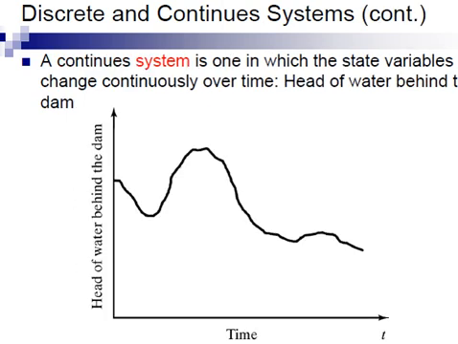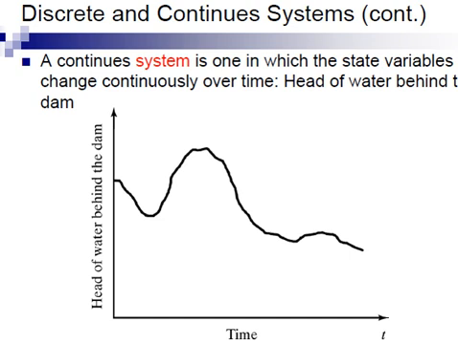The second one is a continuous system. A continuous system is one in which state variables change continuously over time, such as head of water. Head of water means height, when height is represented in terms of meters and energy.